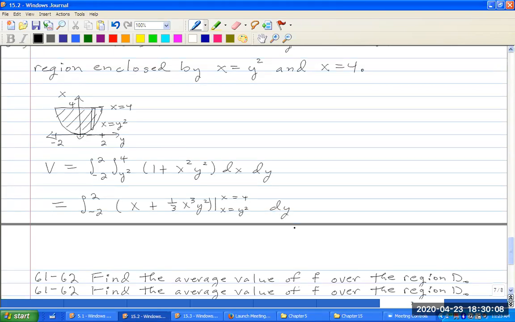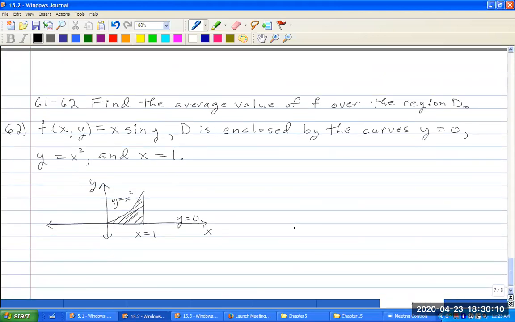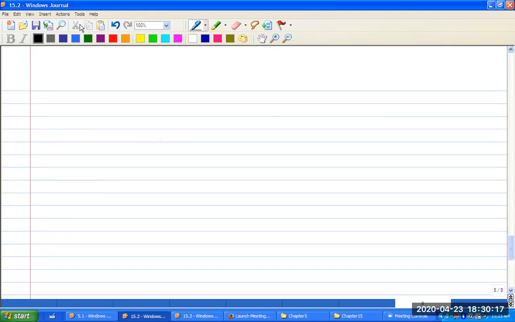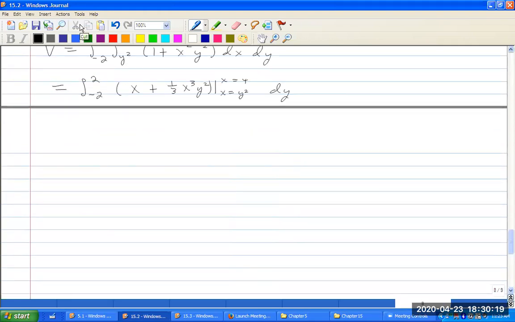Okay, let me get another page. We don't need the whole page, I don't think. So this is equal to the integral from minus 2 to 2. Plug in y squared.